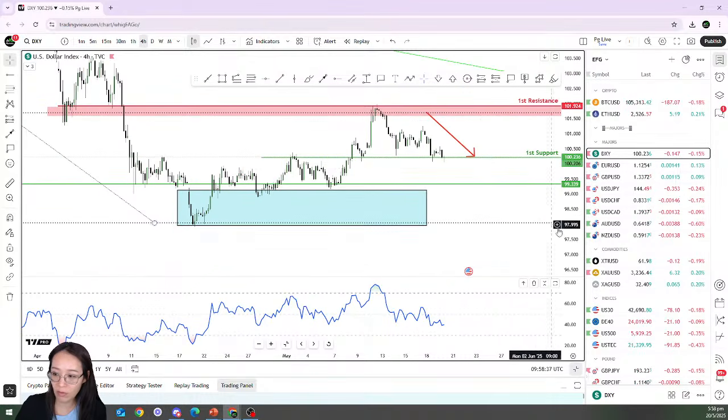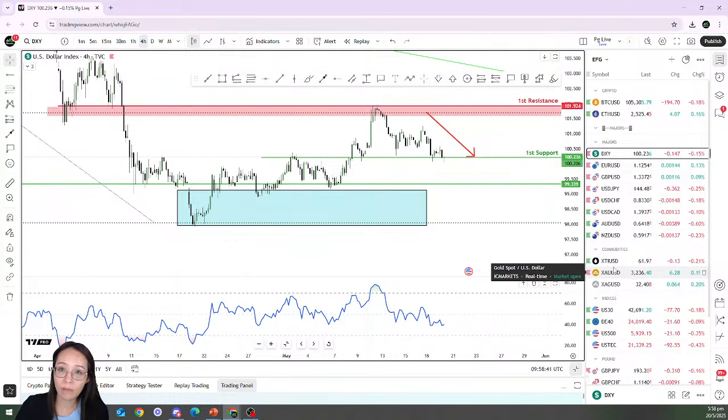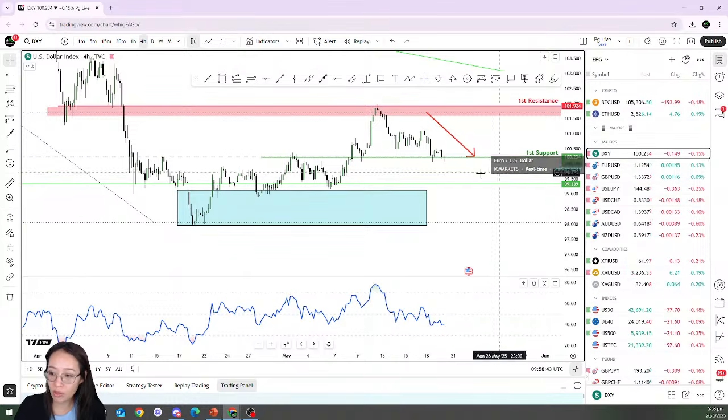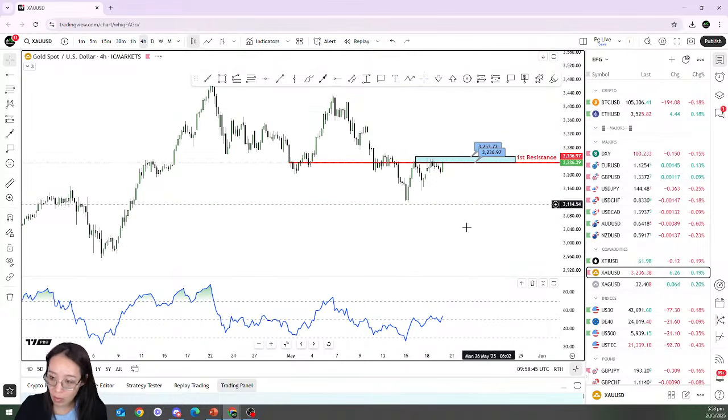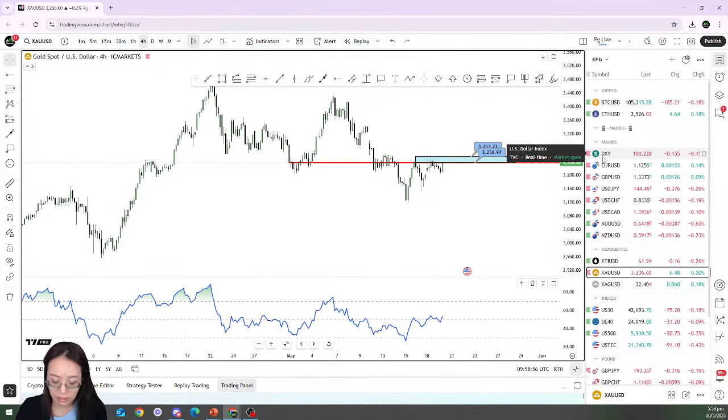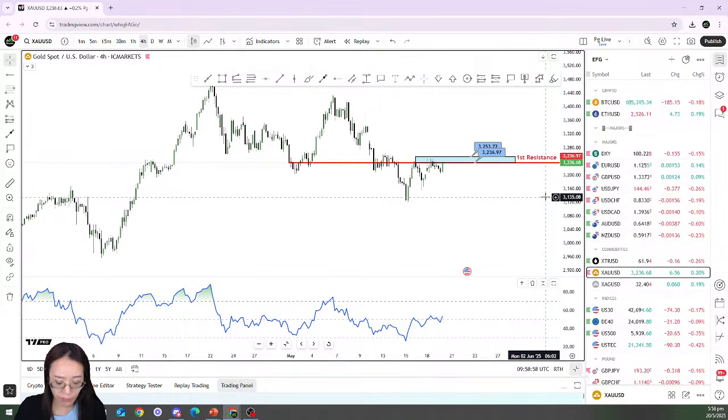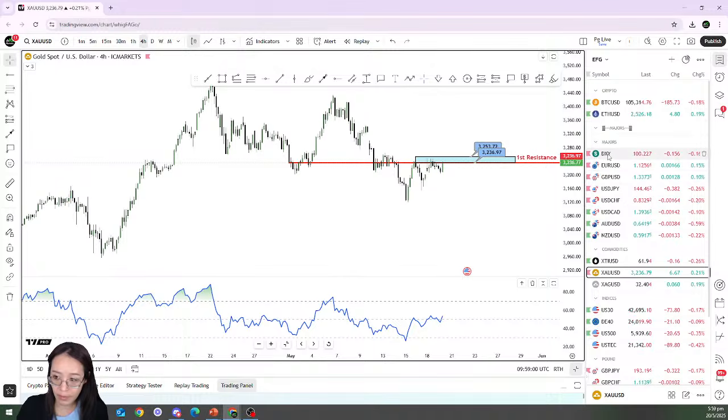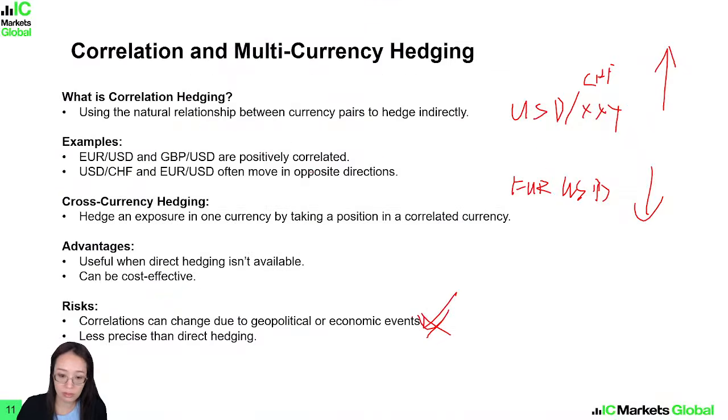Basically, when the dollar is falling, gold is rising. But during wars, the dollar is rising and gold is also rising. So about 90 to 95% of the time they are negatively correlated, but sometimes they have a positive correlation. I think in January or February gold had a positive correlation with the dollar. So you need to take note of that as well.